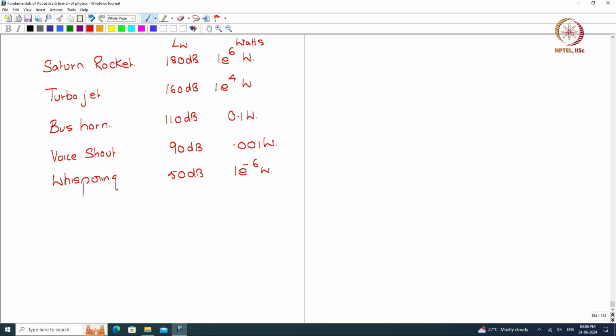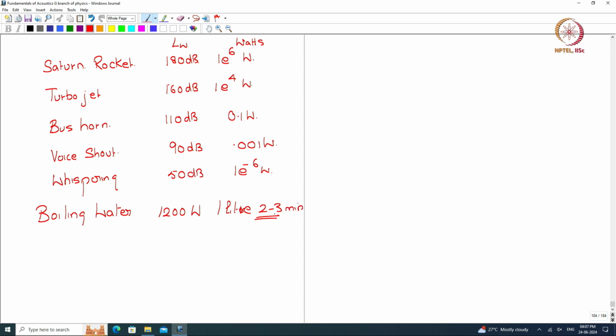Compare this to boiling water: the kettle is rated at some 1200 watts, and 1 liter of water takes about 2 to 3 minutes.